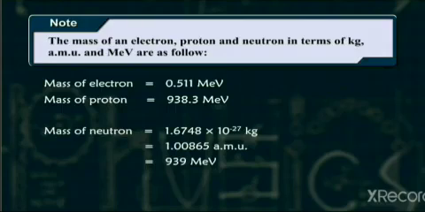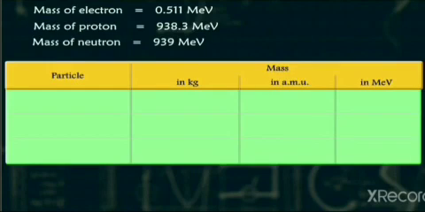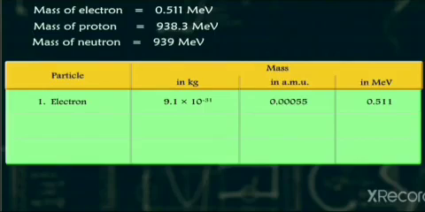This can be summarized as below. Particle and their mass. 1. Electron: 9.1 × 10^-31 kg, 0.00055 AMU, 0.511 mega electron volt. 2.